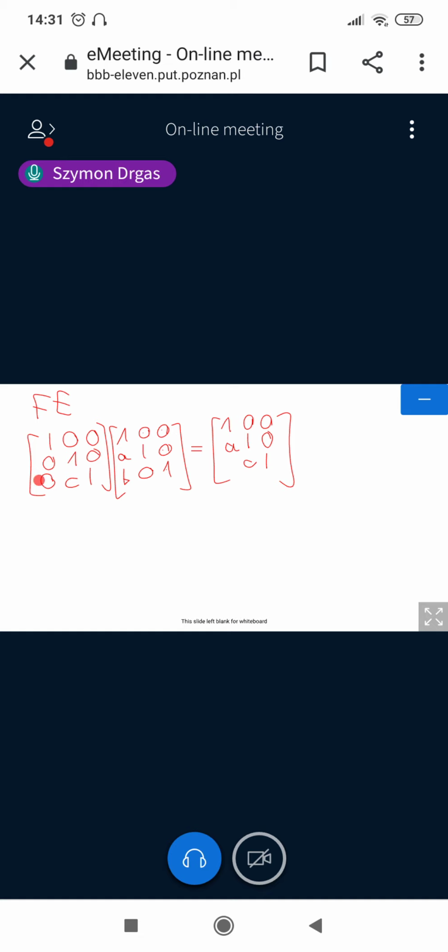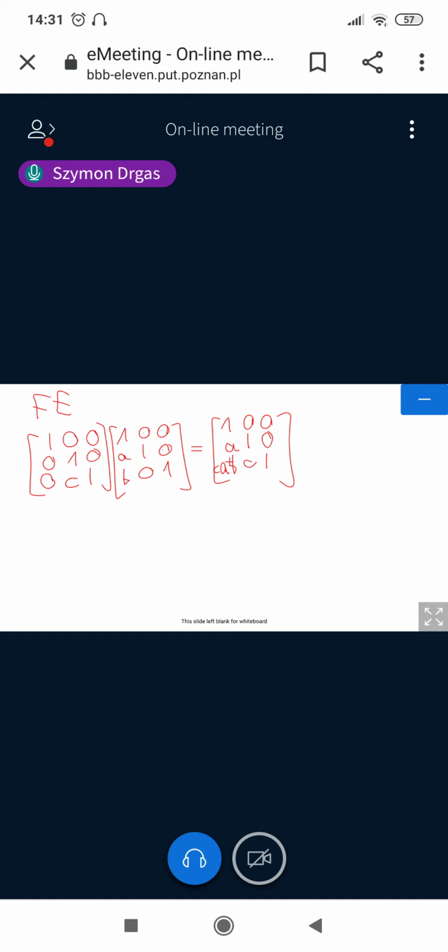And finally, we have to multiply third row by the first column, so it's 0 plus CA plus B. Zero plus CA plus B.